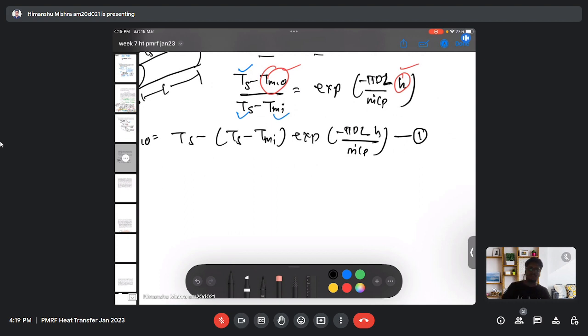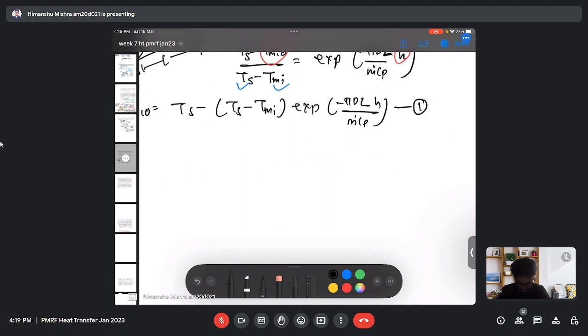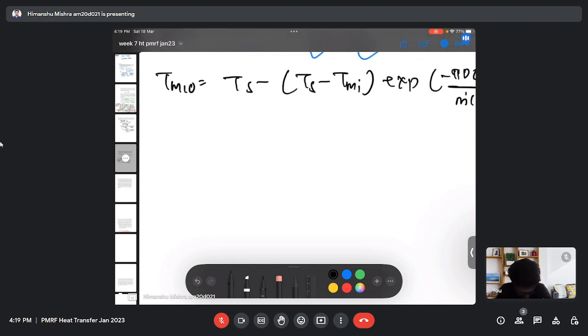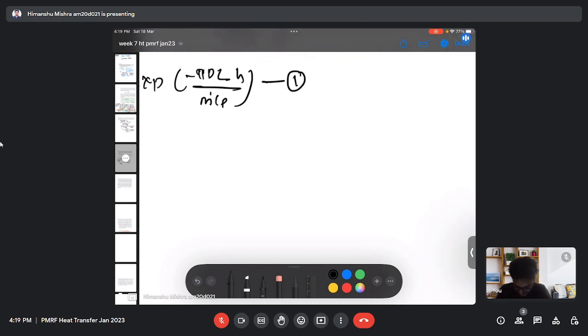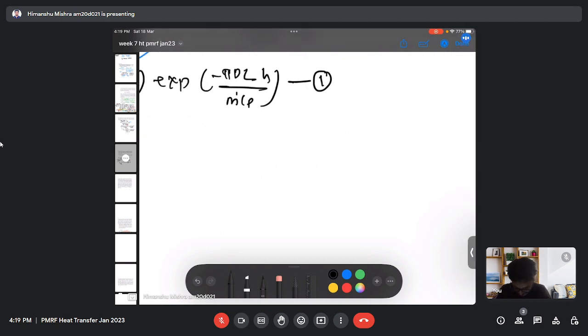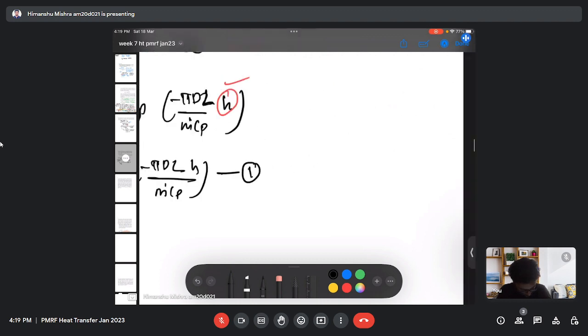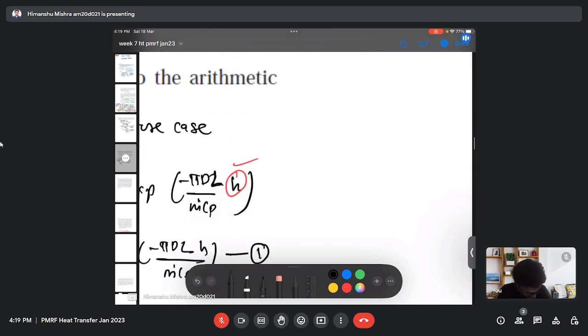To find the h or heat transfer coefficient, we need to determine the flow condition, whether the flow is laminar or turbulent, or whether the flow is fully developed or not. So for this, we find the Reynolds number first. I'm writing the Reynolds number in terms of flow rate here. And since it is the engine oil, let me write the properties first.